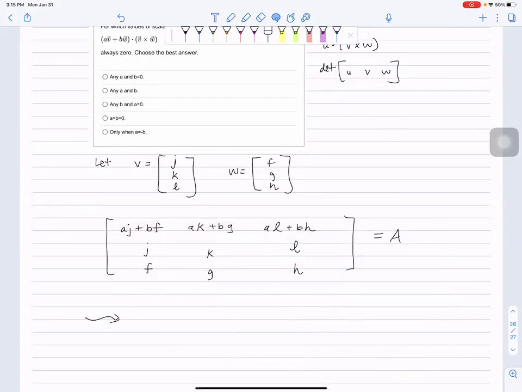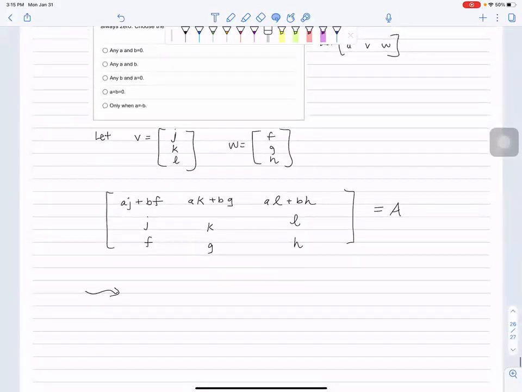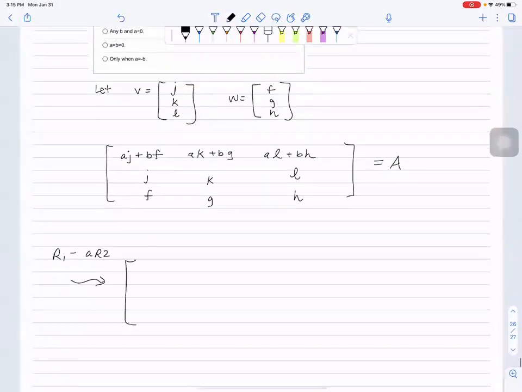So it doesn't matter if you write them vertically or horizontally. Now let's do row operations. Let's do row 1 minus A times row 2. We get AJ plus BF minus AJ. Those AJs cancel out. Then AK plus BG minus A times that second column, these cancel out.